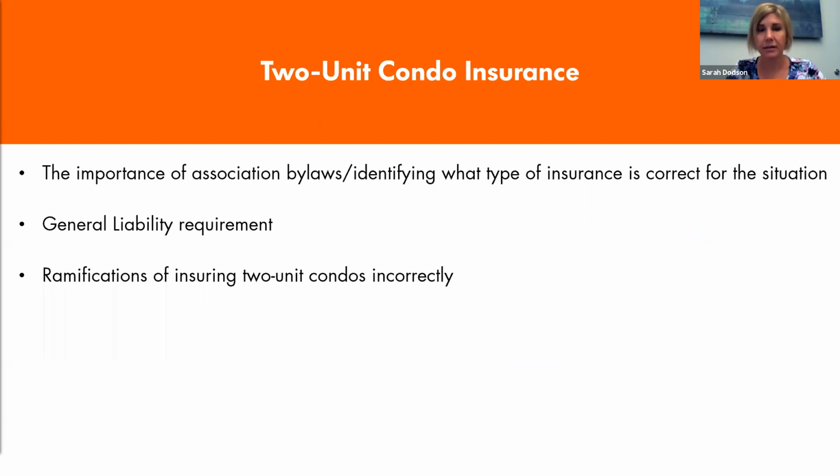Okay, great. All right, so now we're going to talk about 2-unit condo insurance and the importance of the association bylaws and identifying what type of insurance is correct for the situation, general liability requirement, and ramifications of insuring 2-unit condos incorrectly.